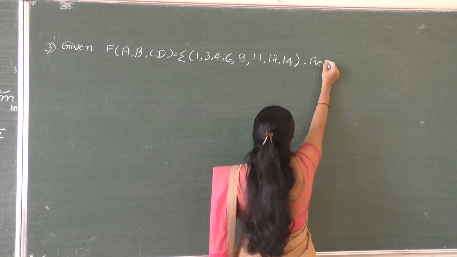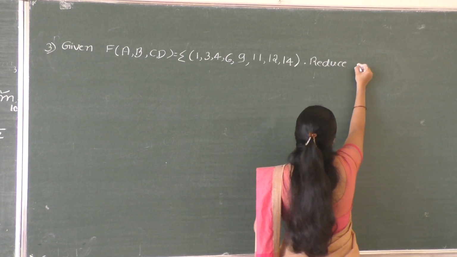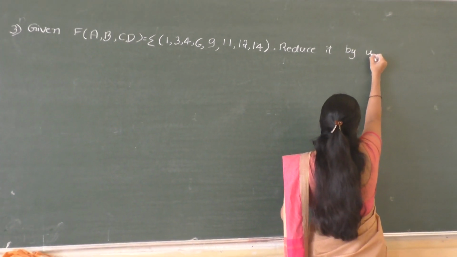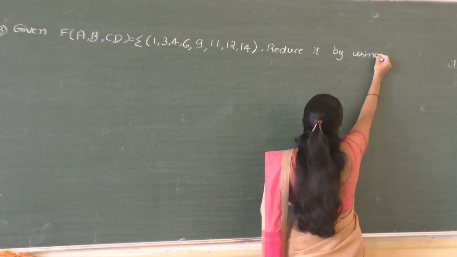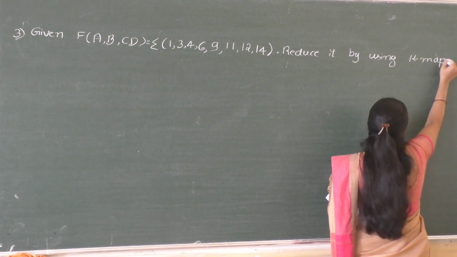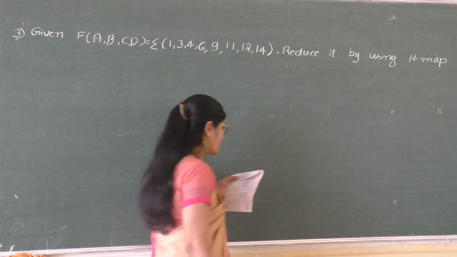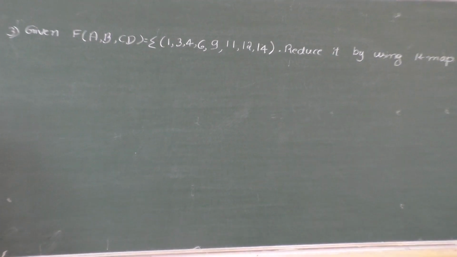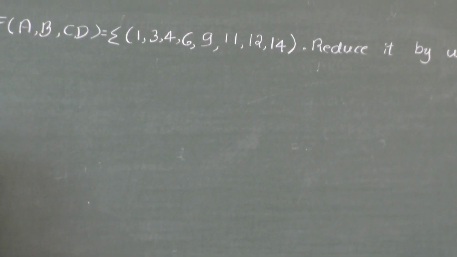Reduce it by using K-map. 1, 3, 4, 6, 9, 11, 12, 14. Yes, 4 variables in the K-map are A, B, C, D.